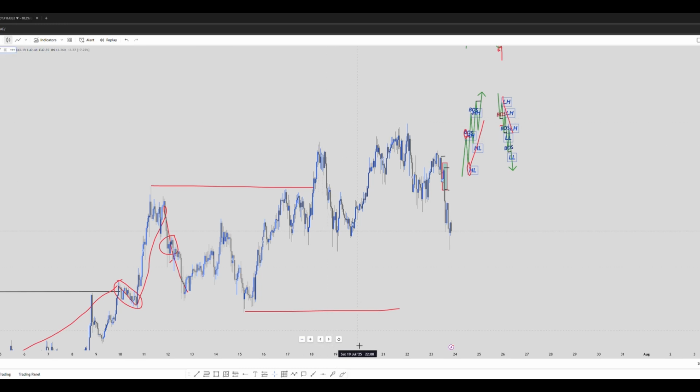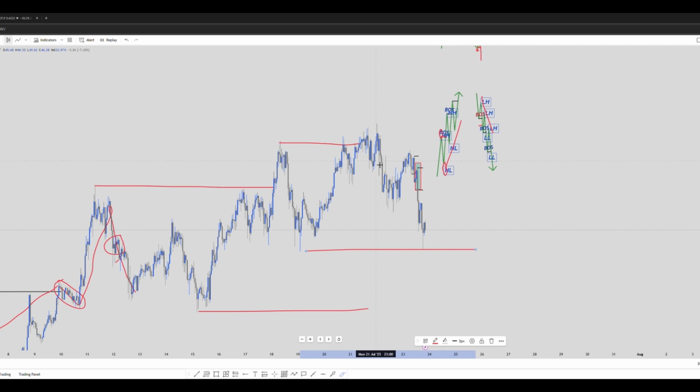This is our break of structure. This is our protected zone. So all these retracements you're seeing are our substructure. If you go to a lower time frame, you'll be able to see a clearer opportunity to trade it.